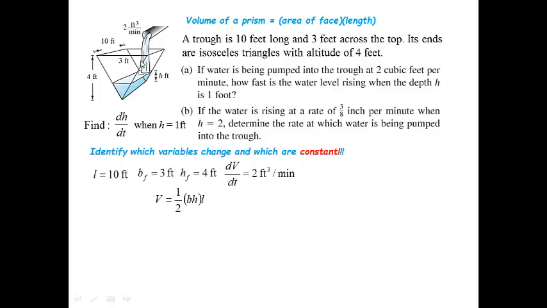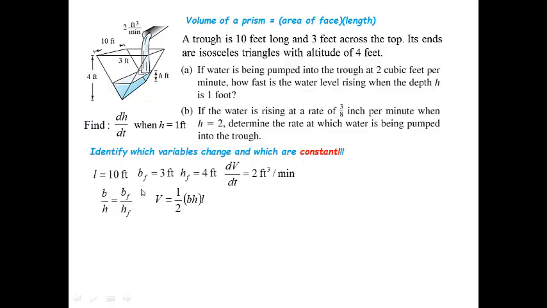But you know, by similar triangles, if you take the ratio of the base and the height, it should be the same ratio as the base and the height of the little triangle, and it's the same as the big triangle, right? Corresponding parts of similar triangles are proportional. So now we have a proportion. We know that as b increases, h increases at the same rate. So we can make this ratio here.